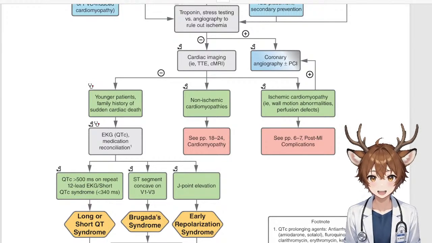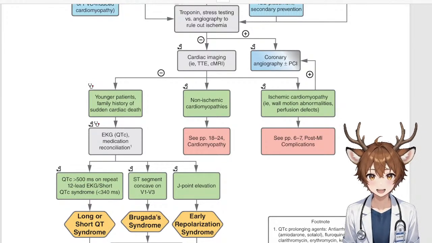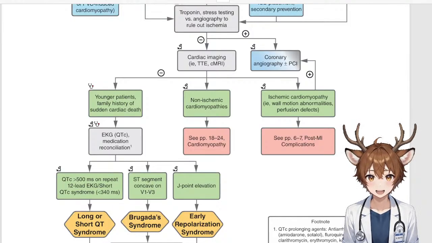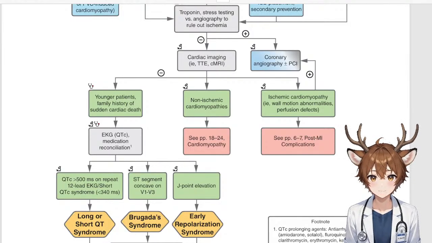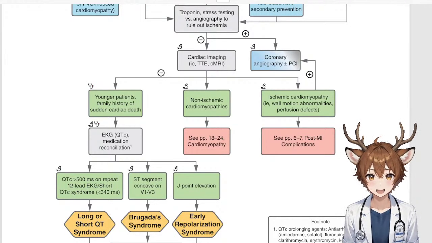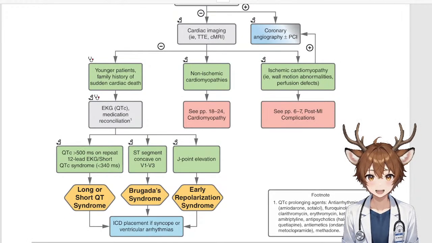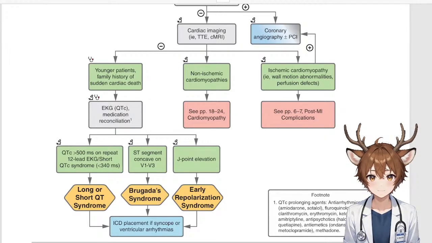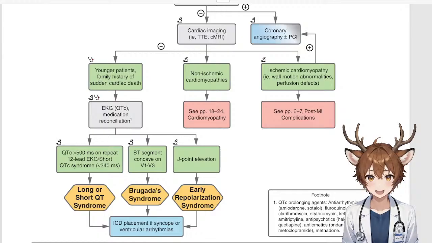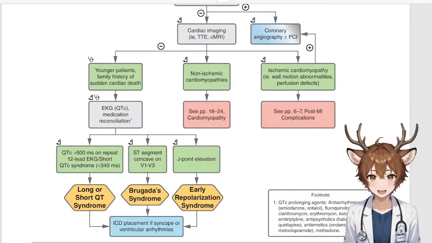Otherwise, let's say, for example, it's a non-ischemic cardiomyopathy. If it's that, well, you see pages 18 to 24 for cardiomyopathy. What if we had a younger patient and a family history of sudden cardiac death? In that case, you do an EKG, QTc, and medication reconciliation.